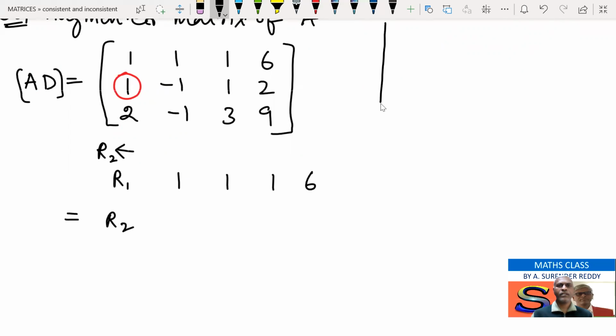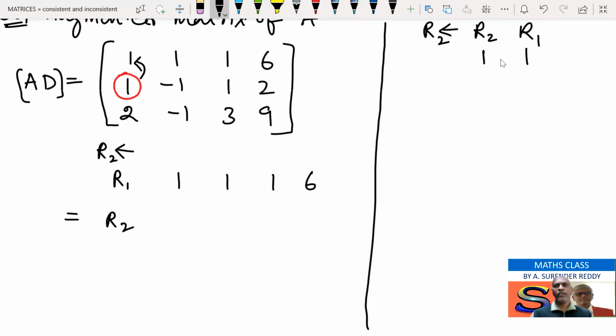Keep this for rough work. We are changing R2 with the help of R1. So take R2 and R1. R2 is 1, second row number. R1 is also 1. They are equal, and if you subtract, you will get 0.